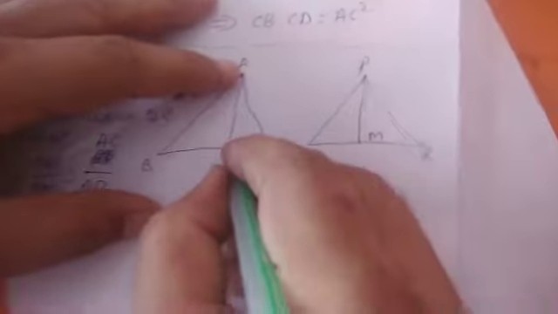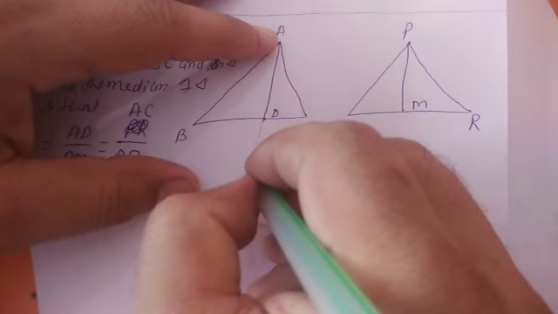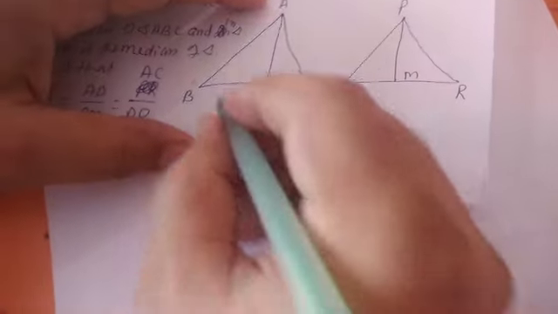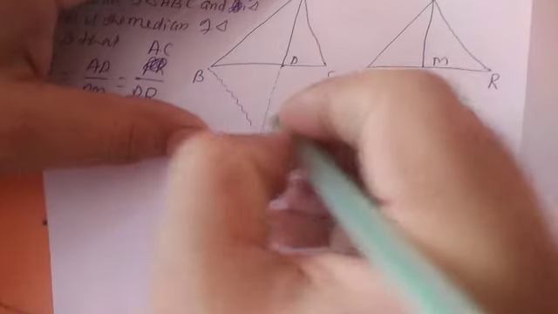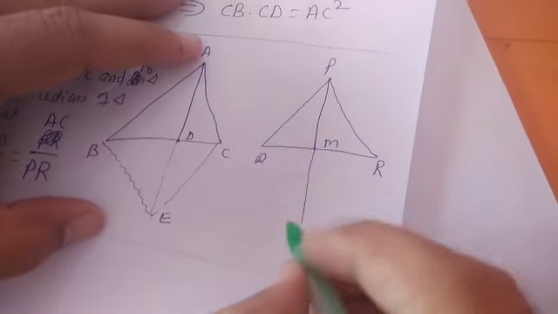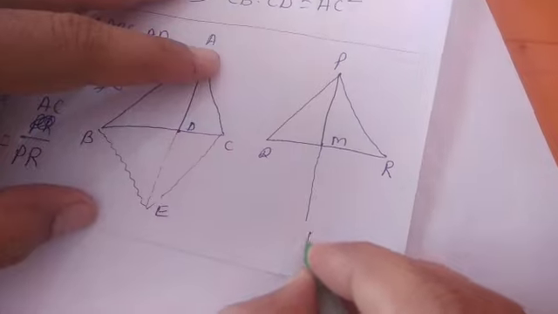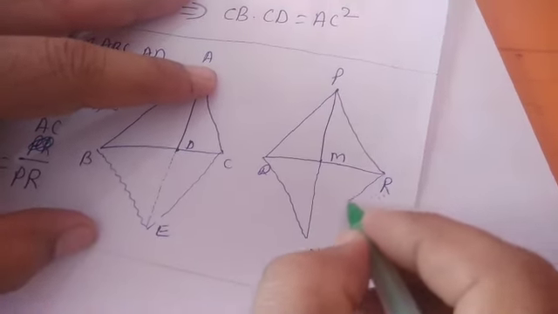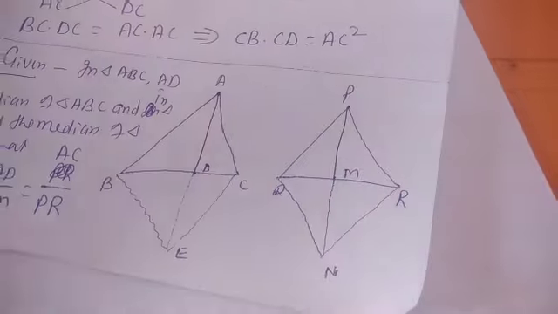So we need some construction. You can produce this up to point E, and join this, and join this. Similarly produce this up to a point. So what can you write?